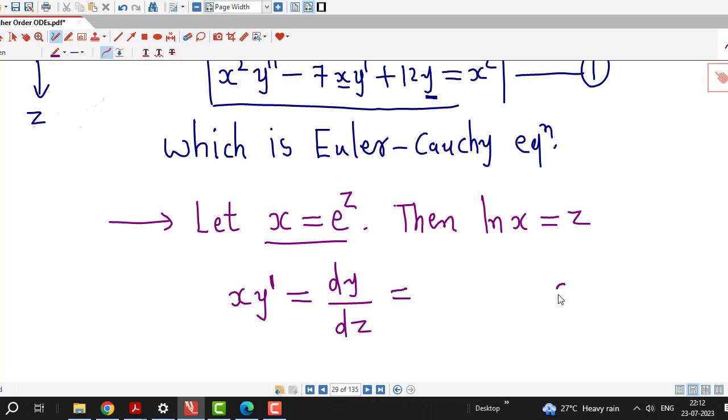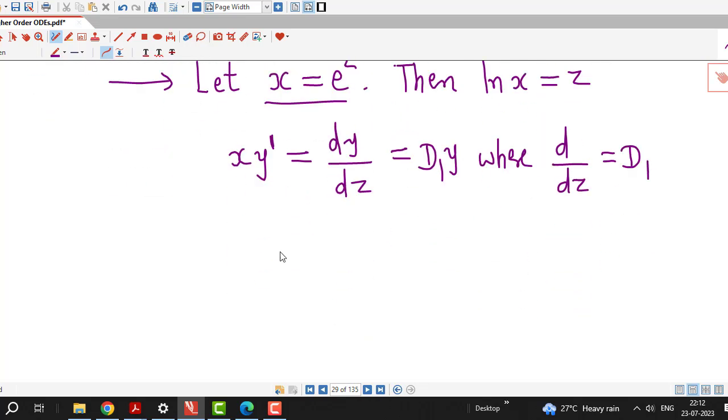If we use d by dz equal to D1, then I can rewrite this as D1 y, where D1 stands for derivative with respect to z. Therefore, the second order derivative multiplied with x square will be equal to D1 times D1 minus 1 y, where D1 stands for derivative with respect to z.